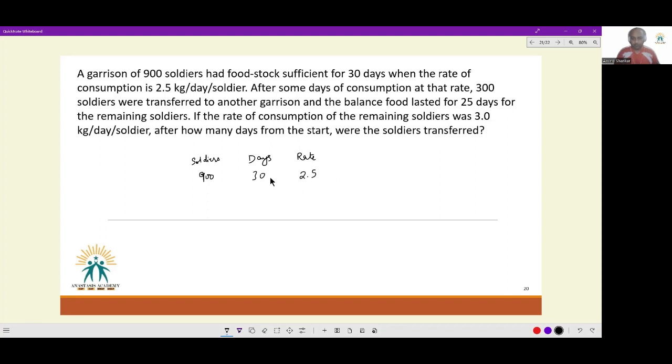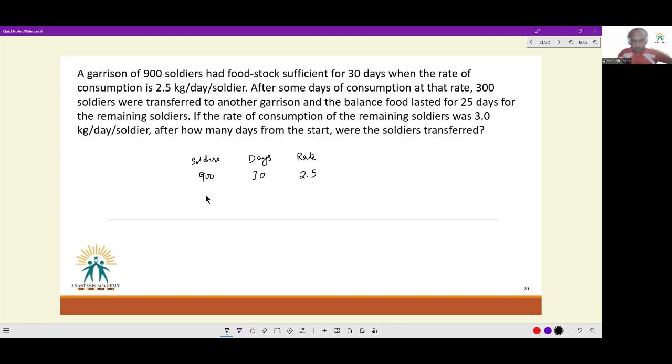This was our initial situation. After some days of consumption at that rate, 300 soldiers were transferred to another garrison, and the balanced food lasted for 25 days for the remaining soldiers. If the rate of consumption of the remaining soldiers was 3 kg per day per soldier, for how many days from the start were the soldiers transferred?